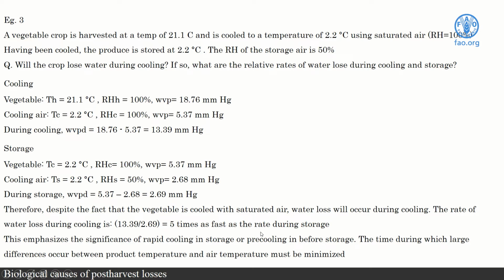This emphasizes the significance of rapid cooling, or pre-cooling before storage. The time during which large differences occur between product temperature and air temperature must be minimized. This is the basic thing.